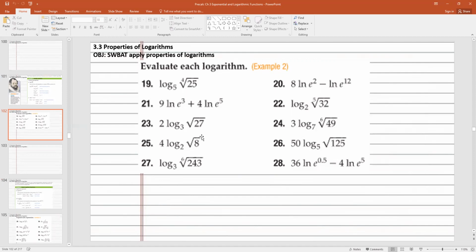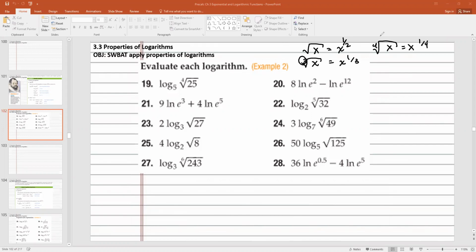If you have a radical, then you need to think of that as a fraction. Remember, square root of x is just x to the 1/2 power, because there's an invisible 2 here, right? Cube root of x is x to the 1/3 power. Fourth root of x is x to the 1/4 power.